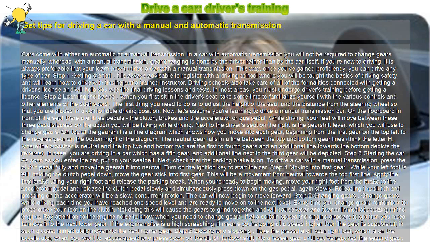Think the letter H, where the crossbar is neutral and the top 2 and bottom 2 are the first to fourth gears, and an additional line towards the bottom depicts the reverse. In case you are driving a car which has a 5th gear, an additional line next to the 3rd gear will be depicted.